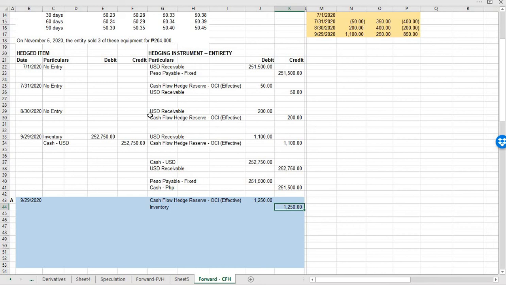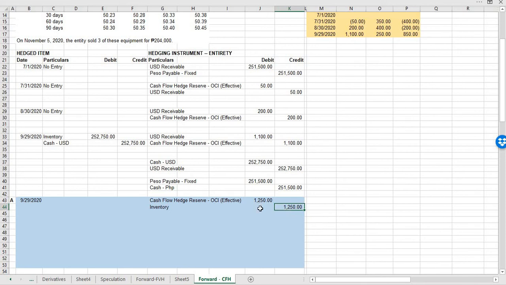Kasi kung titingnan nyo, nag-credit tayo dito ng cash, USD, 252,750, na siyang parang in effect na dinebit natin dito. Also at 252,750. So, ang natitirang cash dito is ito, yung credit cash na 251,500, which is yung fixed price sa ating forward contract. So, dito na nakalock in sa presyo to yung ating inventaryo. So, kaya ang ating inventory is 251,500.